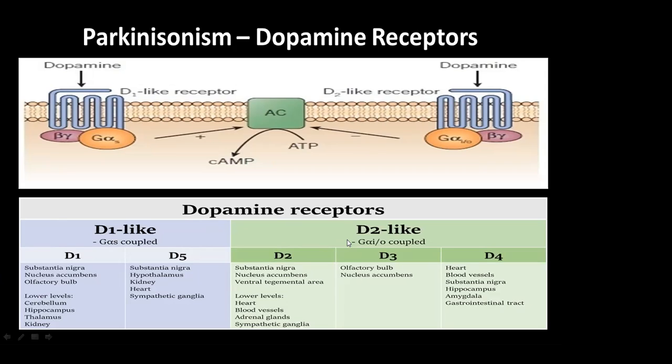All dopamine receptors are G-protein coupled. The D1-like receptors are coupled to G subscript S, because the action of the D1 receptor is more stimulatory, and the D2-type receptors are coupled with G subscript I, which is inhibitory in action.